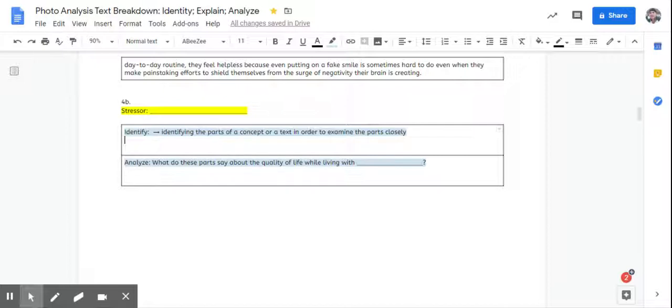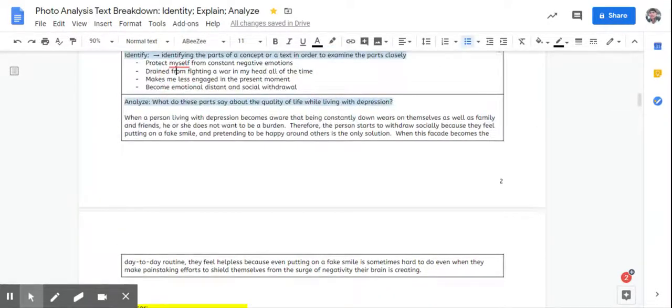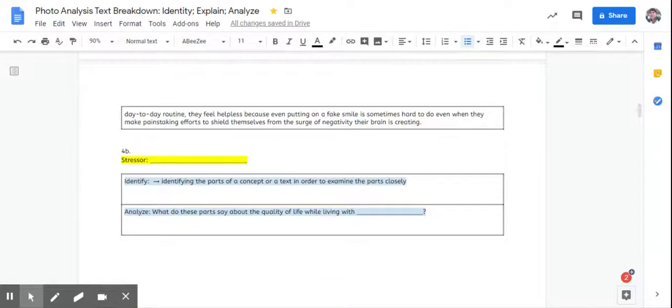So specifically, whatever that stressor is, you're going to create a bullet point list identifying the parts, much like I did here. Then you're going to analyze it. What do these parts say about the quality of life while living with? Now you're going to insert what that stressor is.